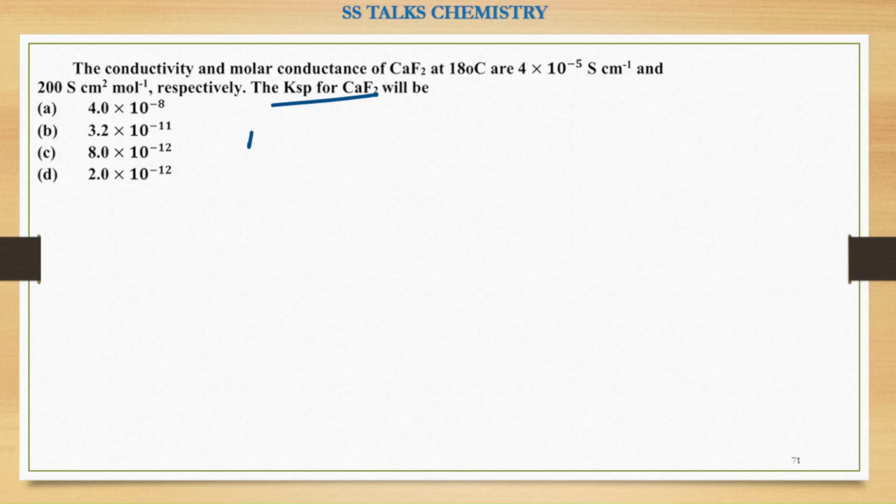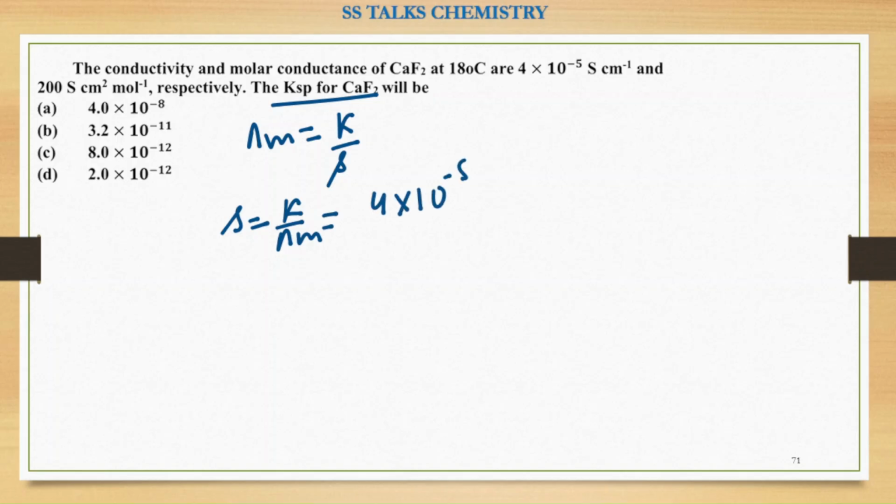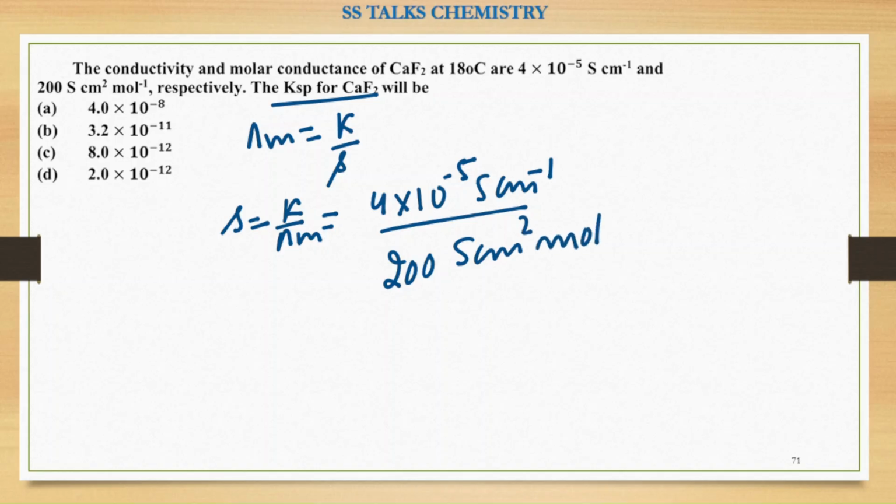So we need lambda m equal to kappa upon the concentration, that we can represent as the solubility only. So S value will be kappa upon lambda m. So kappa is your 4 into 10 raised to the power of minus 5 Siemens per centimeter and the lambda m is 200 Siemens centimeter square per mole.